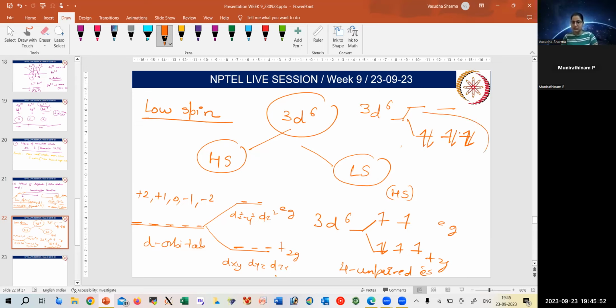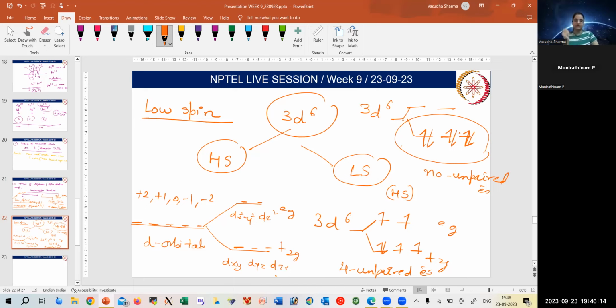So here all are paired, so there are no unpaired electrons. That's why there is no net spin. Spin is 0, because upspin, downspin, upspin, downspin, the spin value becomes 0. That's why it is called low spin. Whereas here there are 4 upspins, so that is called high spin. Is this concept clear?